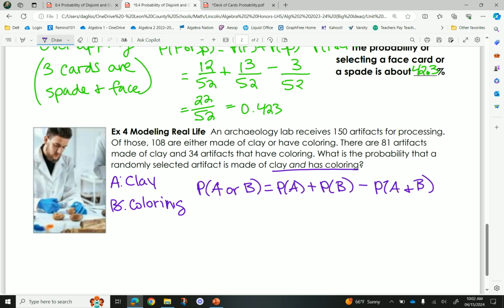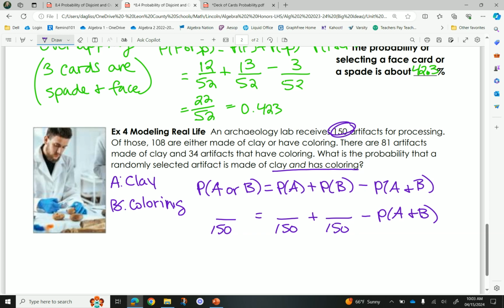Okay. How many artifacts are there? There's 150 artifacts, right? This is what we don't know. So we're going to fill in everything that we have to be able to easily find what I'm missing.